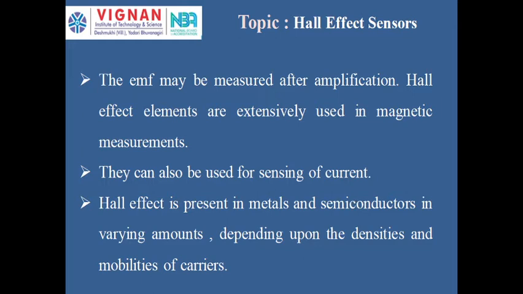This Hall effect is present in metals and semiconductors in varying amounts. That means in some materials it is very high and in some it is very low, depending upon the densities and mobilities of carriers.